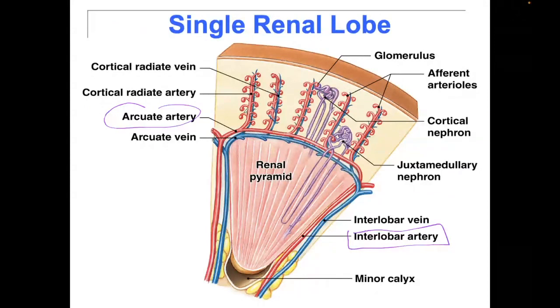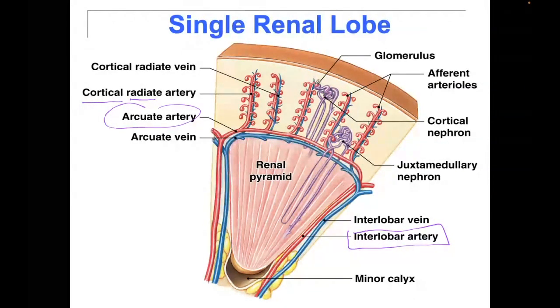Off the arcuate, we have an artery that radiates into the cortex. So now it's the cortical radiate. Here's the cortical radiate artery. You have interlobar artery, arcuate artery. Off the arcuate artery, we have the cortical radiate artery.